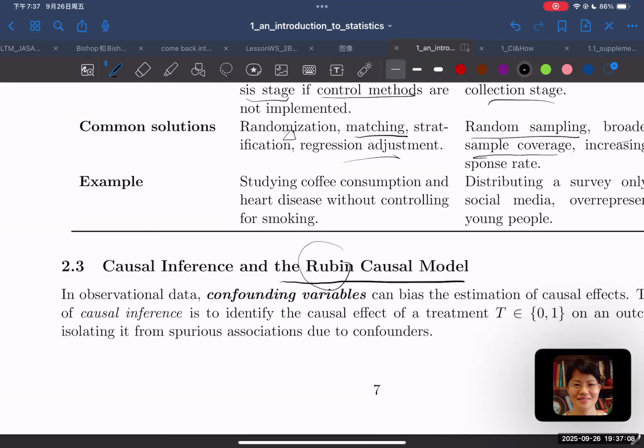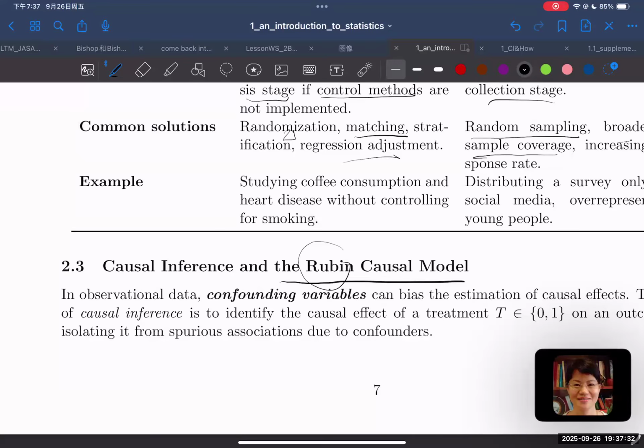When I was a PhD student, I read his book with Professor Little. They have a book, Statistical Analysis with Missing Data. And then I learned MCAR, missing at random or missing completely at random, nonignorable missingness, etc.